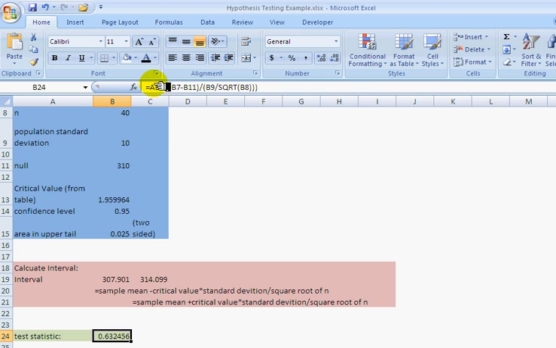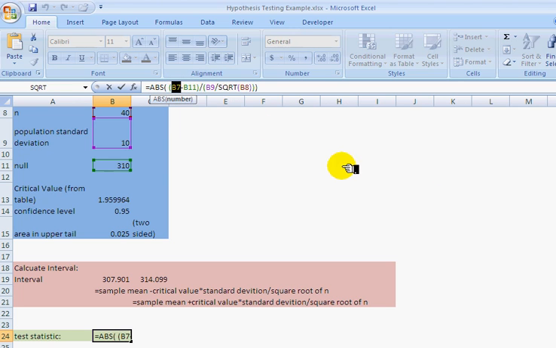I do like to use the absolute value on these things. The absolute value of the sample mean minus the null, and now I've put a null in here, 310, divided by the standard error. Standard error is the population standard deviation over the square root of n.